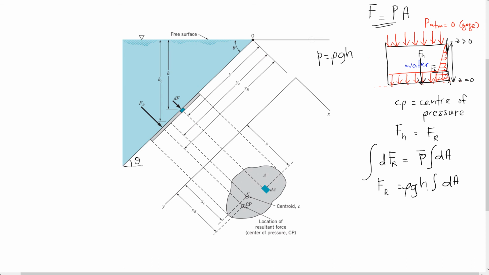If you can see here, this h is actually the height from the water surface to any point on the surface of the plane.